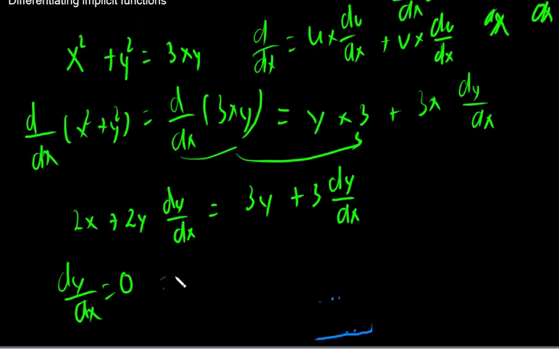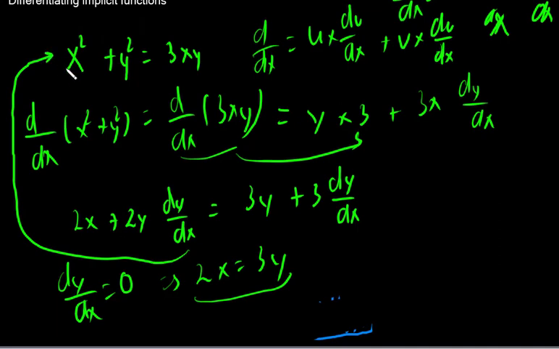So for that we have 2x equal 3y, since the stationary point is where the gradient is 0. If you replace this into the function, you can find x and y. In this case it can be 0 and 0, and there can also be another root, which you should try and find by yourself.